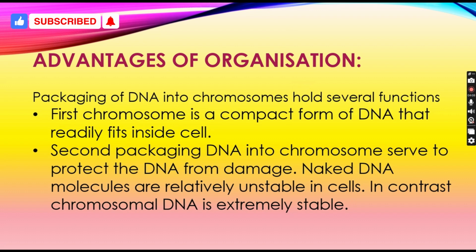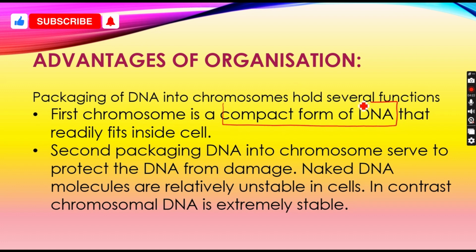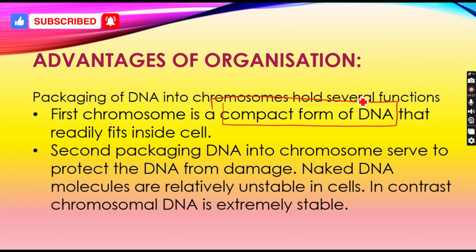Next, we are going to see what the advantages are of the organization of DNA into a chromosome. The packaging of a DNA into a chromosome is very important because a chromosome is the compacted form of the DNA, to fit into the nucleus or a cell.